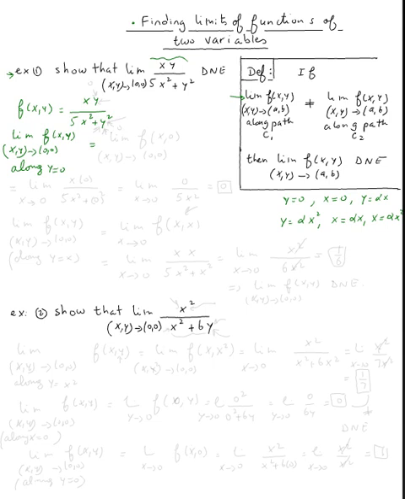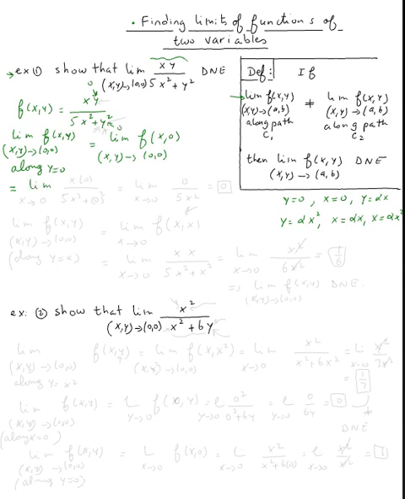The x-axis means the limit of f(x, 0). So I'm replacing y by 0 as (x,y) approaches (0, 0). Now what is that? f(x, 0) means wherever you see y, you plug a 0. Right? You plug a 0 here, plug a 0 there.